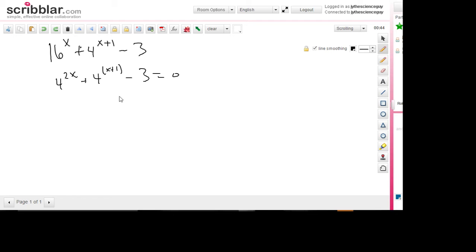I'm going to bring the 3 over to the other side. I texted you their example in the book. They're using u when they want to substitute the exponent, like when it looks funny. They're using the u for some reason. That's how they're doing it. Okay, let me see.